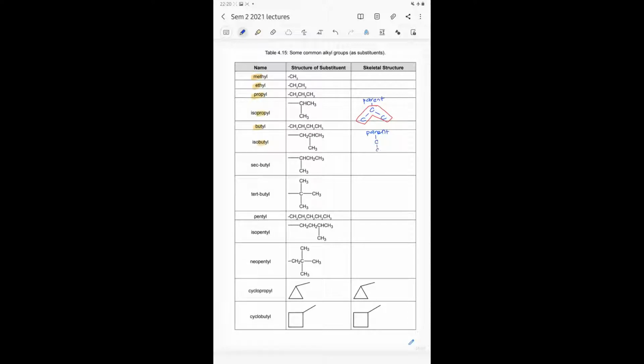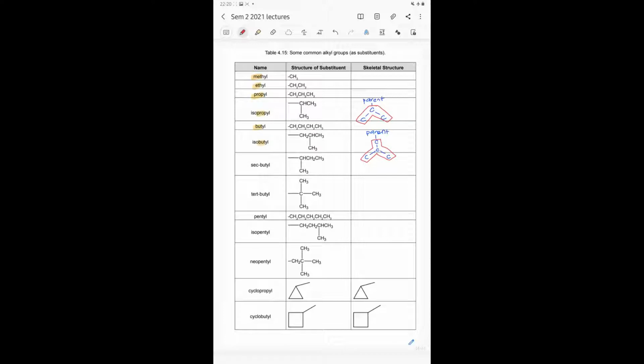So isobutyl has 4 carbons. The space here is actually quite small, so I have to draw like this. We will have a Y structure, but with only 1 leg of the Y, only one, C.